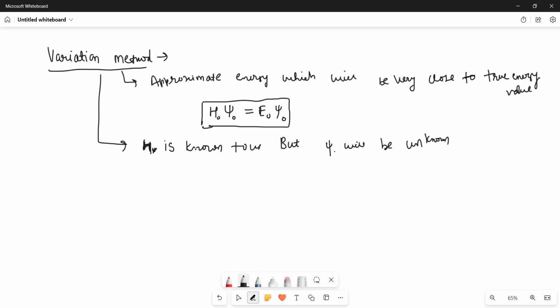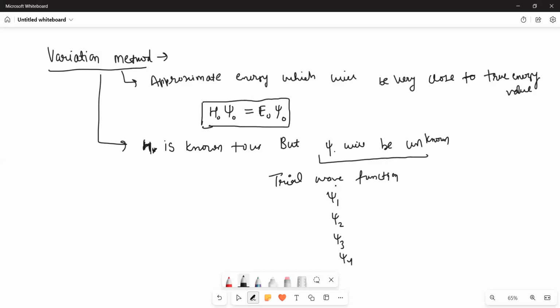So in variation method, because exact wave function is unknown to us, we choose trial wave functions. We choose different trial wave functions for a particular system. And suppose we have selected psi1, psi2, psi3, and psi4.